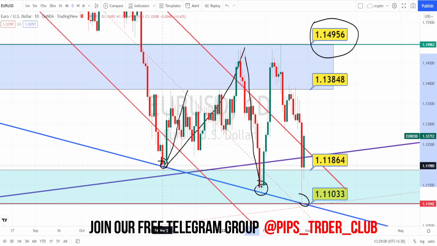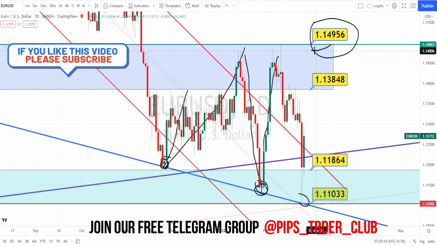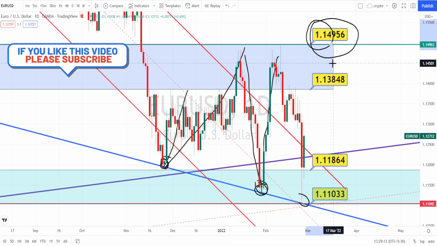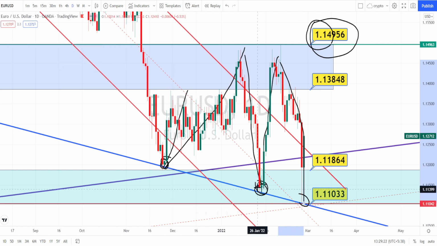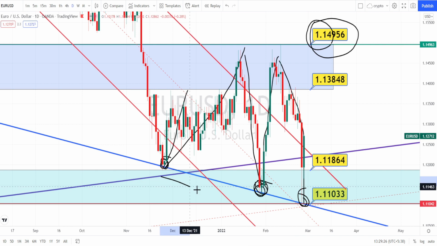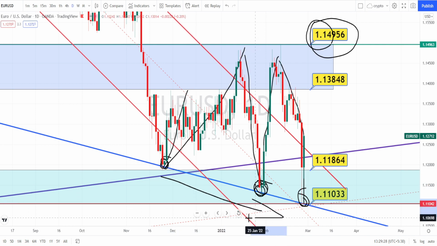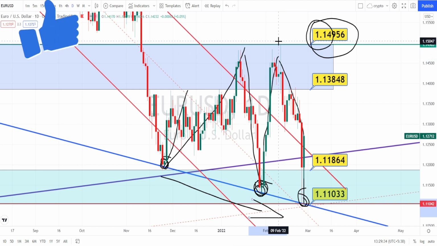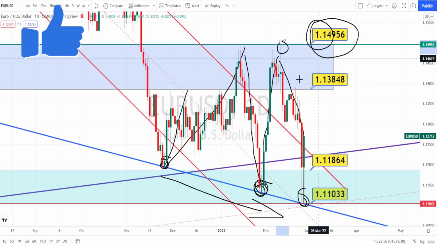When it retraced the second time, you can notice that it retraced much further than the previous low, and again it went to the same high level and retested the resistance level of 1.14, and the next time also it retraced much lower than the previous low. So from this price action we understand that the price is slowly moving toward a bearish trend, but still it is retracing 100% to the previous high.